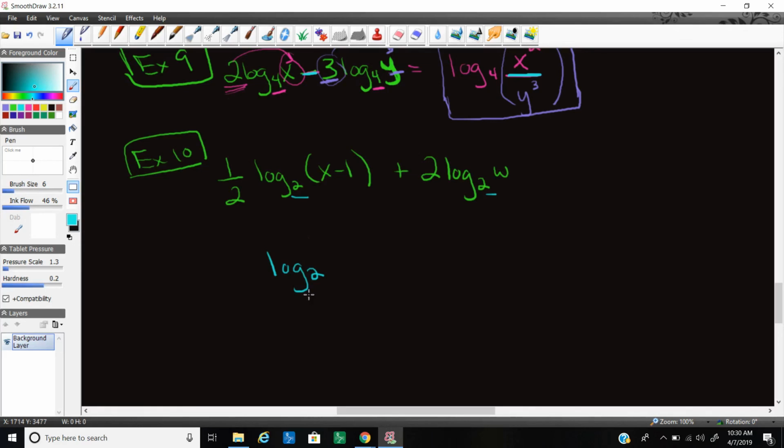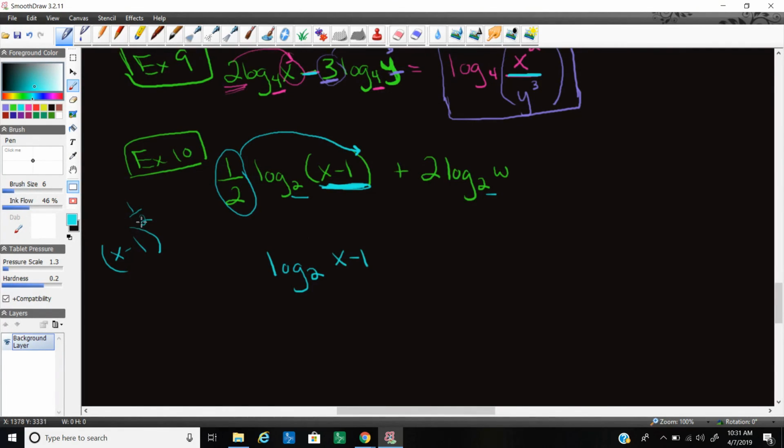So we have log base 2. The first term is this right here, x minus 1. Okay, it's in parentheses, but I'm going to look ahead and see that there is a 1/2 here. So I know that the 1/2 is going to jump here to the exponent. So it would look something like this, x minus 1 to the 1/2.